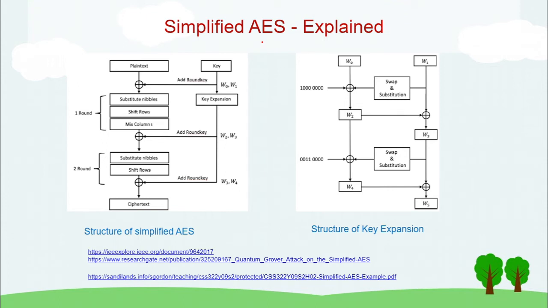So for simplicity, we have taken something called simplified AES. Again, it was defined by some researchers, and this paper in particular gives step by step what we need to do with a nice example, so that at each state we know what the input and the output are. This was very useful when we wrote the code.